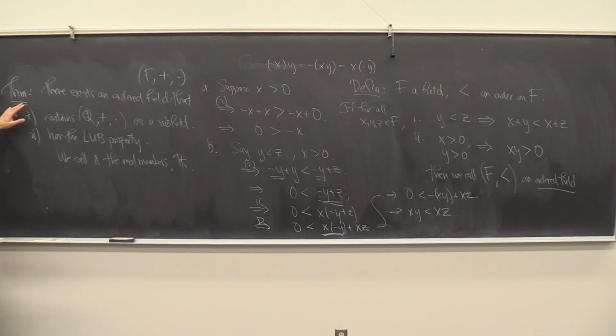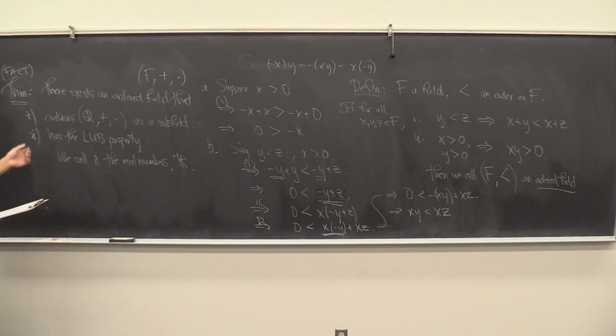Now Rudin leaves the proof of this to the appendix. It's a really long and complicated proof. In the proof he basically makes a construction that creates this field, but we're not going to go through that. If you want, you can read the appendix, but we're just going to take this as a fact.